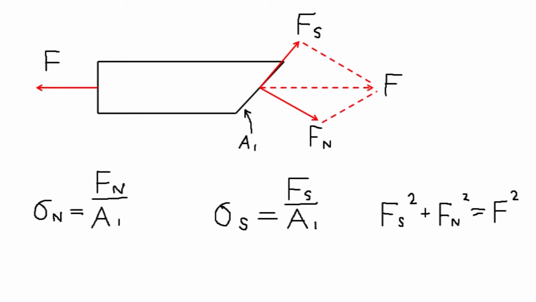So even though I have the same force acting on the object in the axial sense, I now have two components of stress. One is perpendicular to the plane, which we call normal stress, and that's the force perpendicular to the plane divided by the cross-sectional area of the plane, not of the object. And similarly, the shear stress is defined as the force parallel to the plane divided by the cross-sectional area in shear.